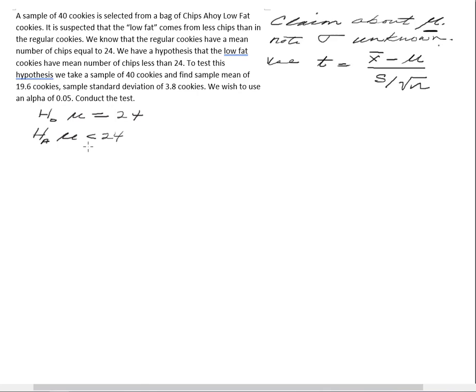I think that all makes sense when we stop and think about it. Equal has got to be in the null hypothesis because hypothesis tests are always conducted given the parameter that you find in the null hypothesis. And then with mu equal to 24, we're going to see if our results are plausible or implausible. If our results are unlikely, we're going to reject the null hypothesis.